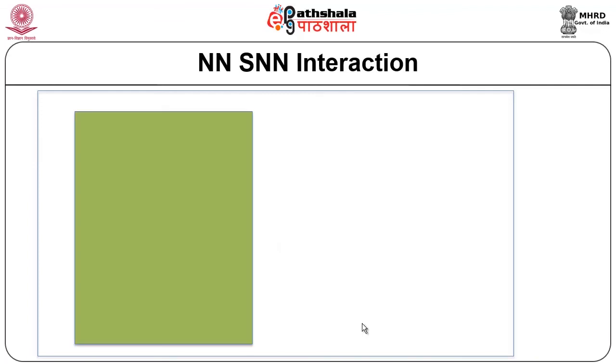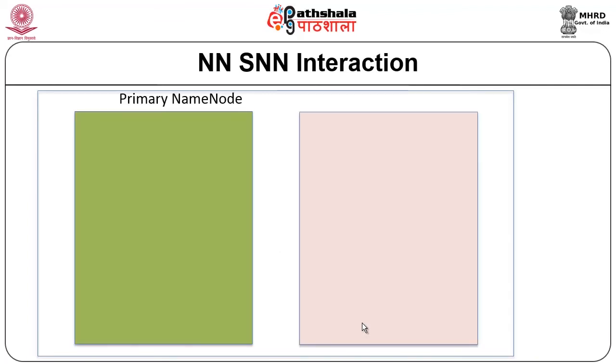Let us look at how this happens. This is our primary name node and this is our secondary name node. The primary name node has two components, edits and FS image. Some snapshot has been taken in FS image, and from the next interaction onwards, the edits is storing the log file of the interactions that are happening.